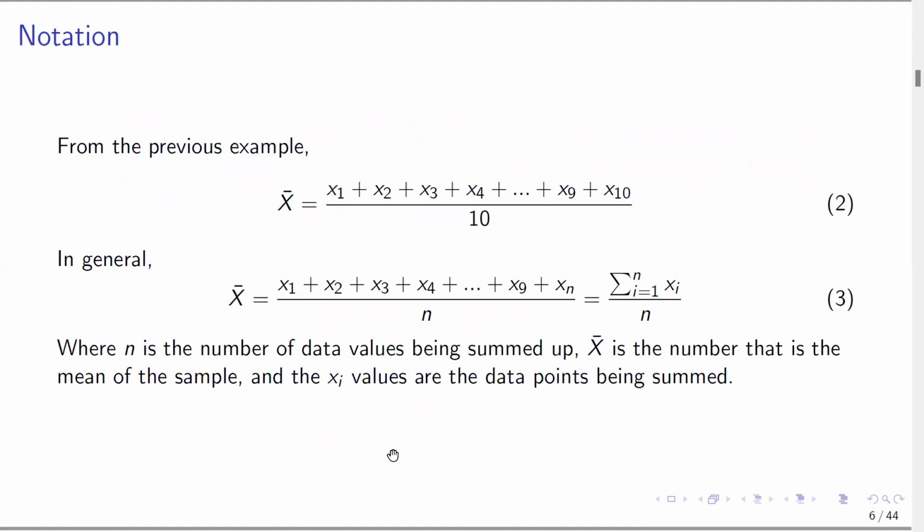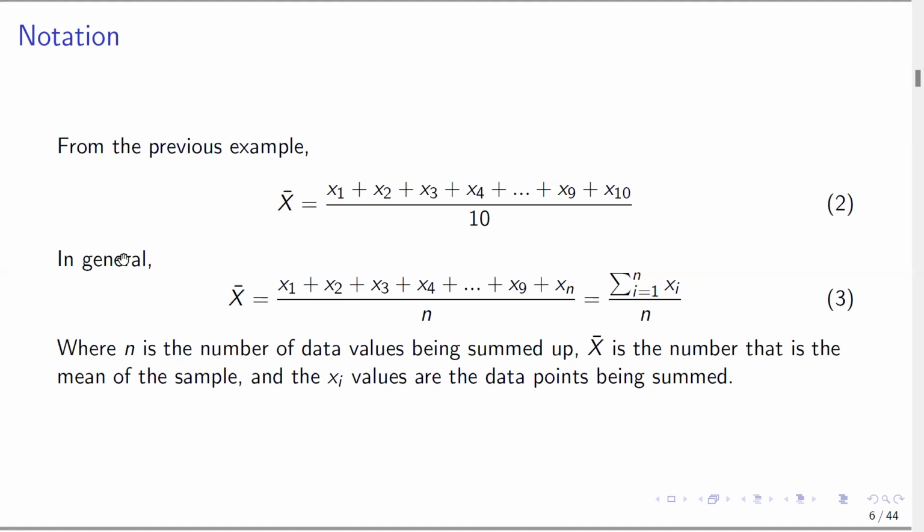So let's look at the notation. From the example we just saw, to find the mean, these x1, x2, x3, up to x10 are your data points. And then the 10 here was the count, all right? So we summed the data points and we divided by the number of counts there are. X bar is the notation for mean. It's a mathematical notation that represents the mean.